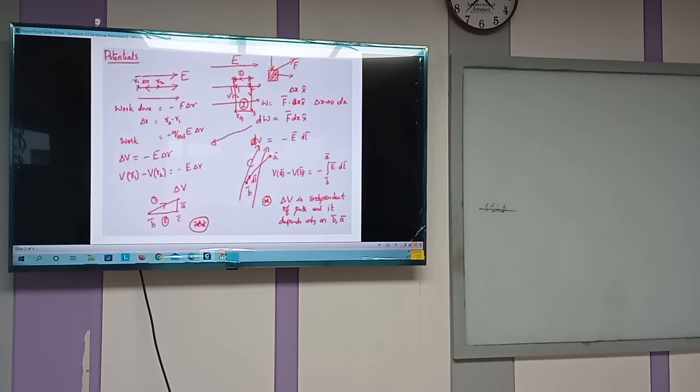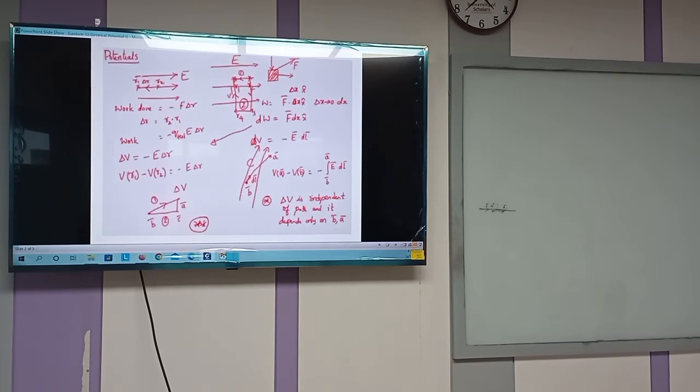Although here we have shown that this is the work done, one should actually think of this as a differential amount of work done. That is the exact amount of work that we need to do in order to move the charge from R2 to R1, assuming that the charge is already moved from some point to R2.